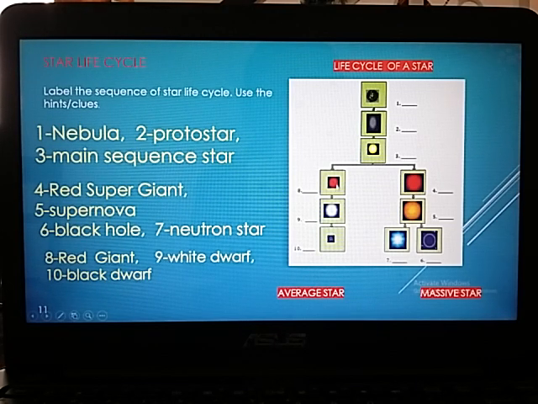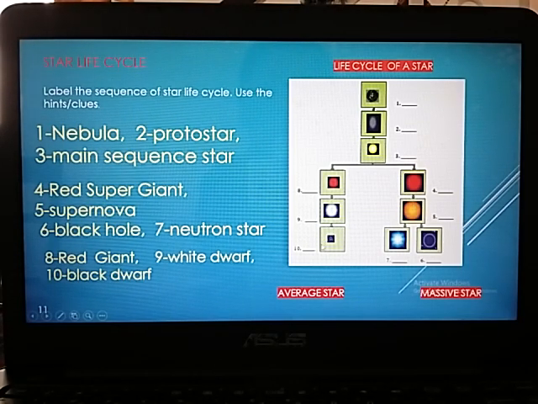Lahat-lahat yan ay mga stars. So, may kanya-kanya silang name and may kanya-kanya silang stages. And do you know that the heavy elements are formed within these stages of the star? So, alamin natin kung saang stages na form ang mga elements na to. So, pag-aralan muna natin ang life cycle of a star.